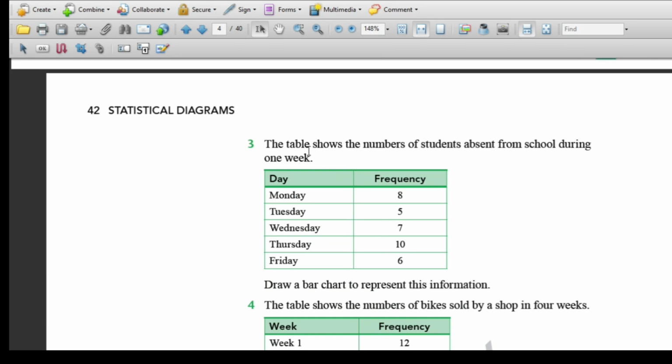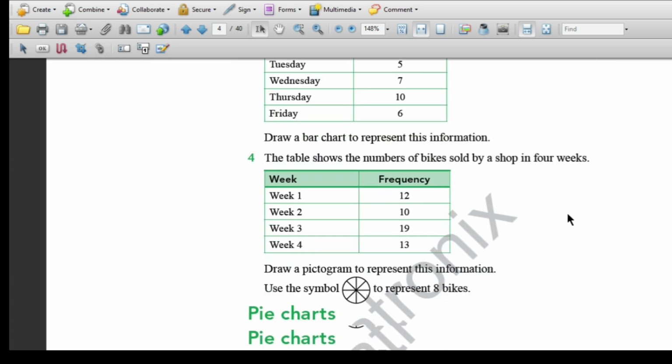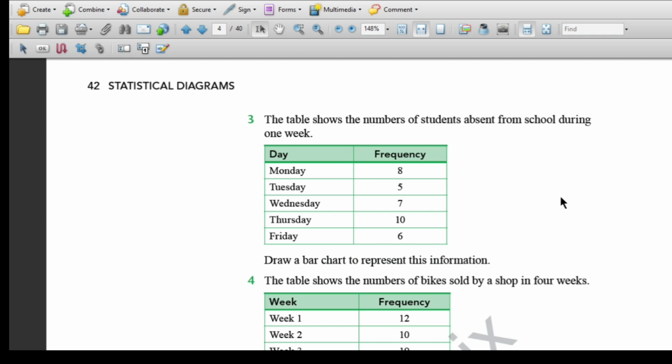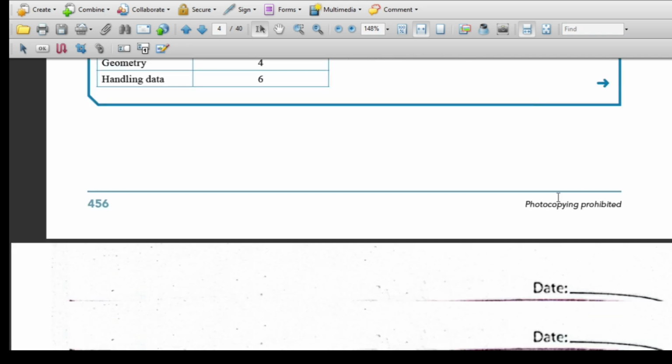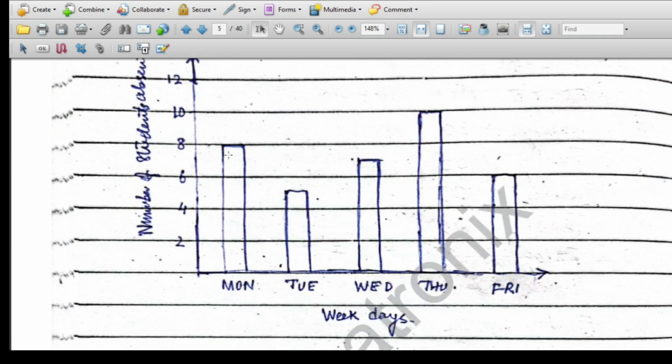Now question number 3. The table shows the number of students absent from school during 1 week. On Monday 8 students were absent, on Tuesday 5, on Wednesday 7, on Thursday 10, and on Friday 6. So we will show this as 8, 5, 7, 10, 6.